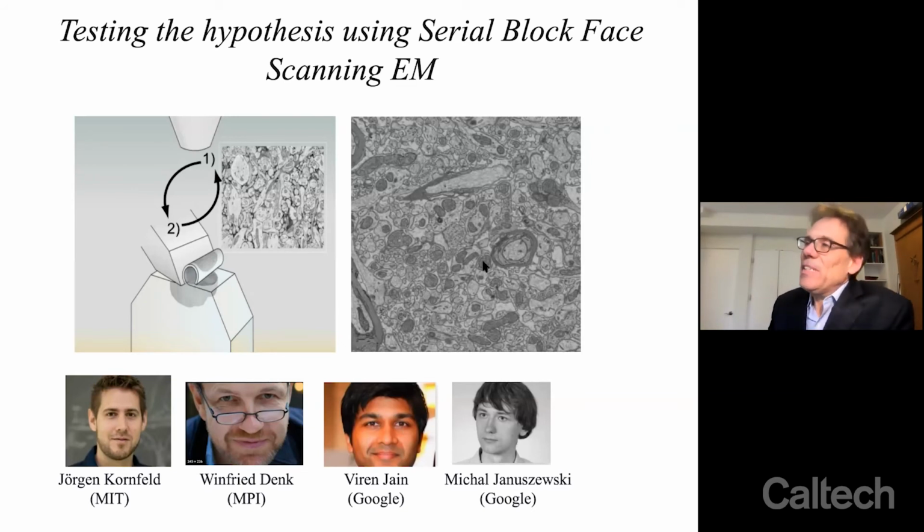And this produces a stack of tens of thousands of serial EM images through the sample. Those images are then all aligned to each other carefully, which is relatively easy in this method because all the images were taken off of a fairly stable block of embedded tissue.